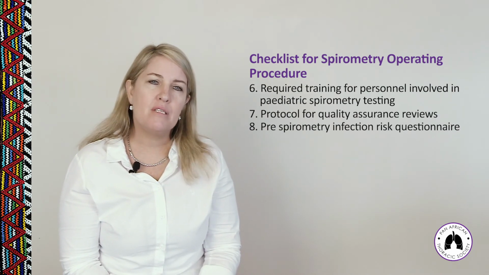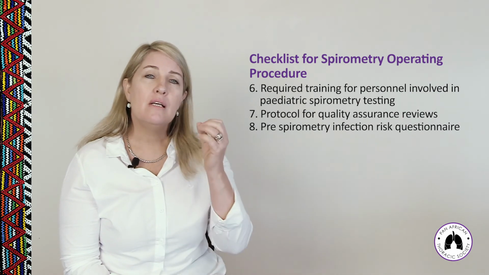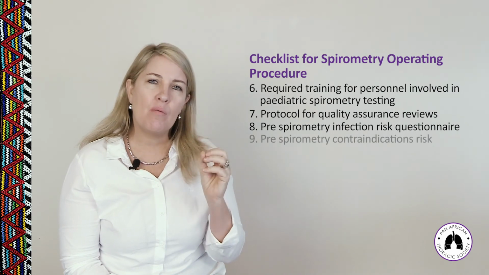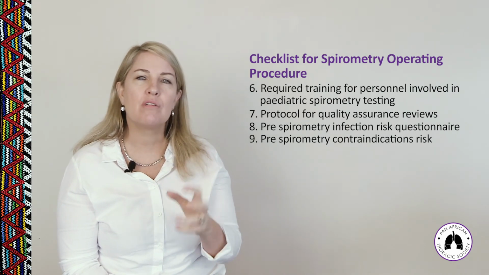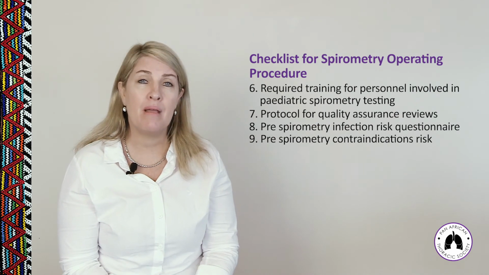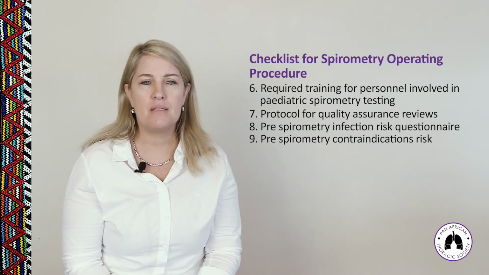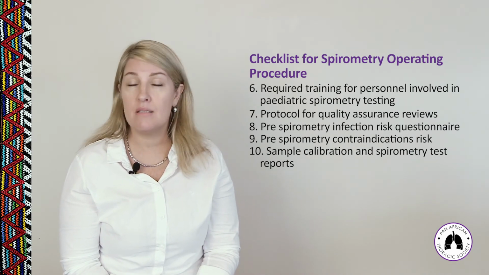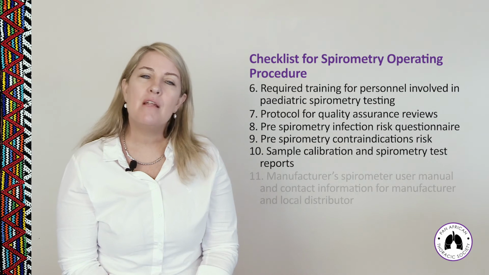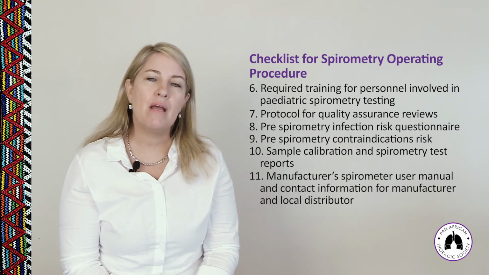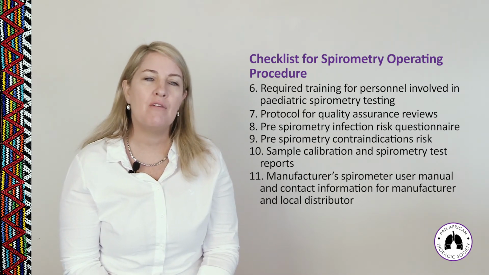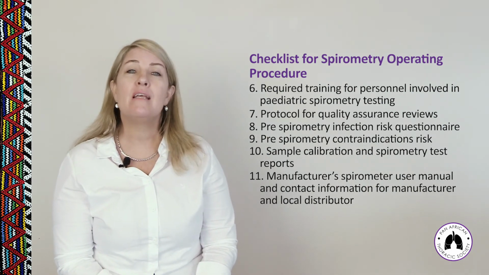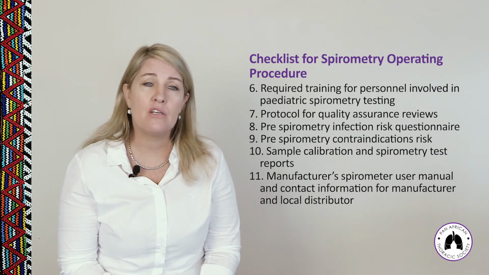The standard operating procedure should also include actual spirometry infection risk questionnaire and the spirometry contraindications risk questionnaires readily available as appendices at the end of the document. Sample calibration and spirometry test reports could be in the standard operating procedure. The manufacturer's spirometer user manual and contact information for the manufacturer or the local distributor of that spirometer should be readily available in that standard operating procedure as well.